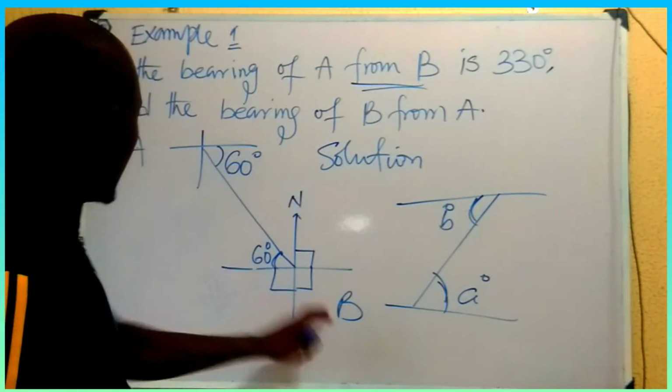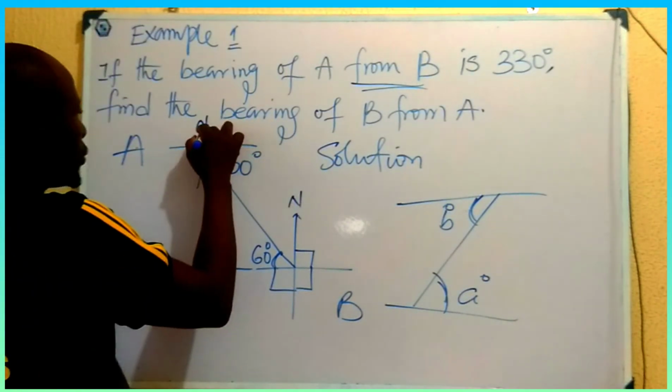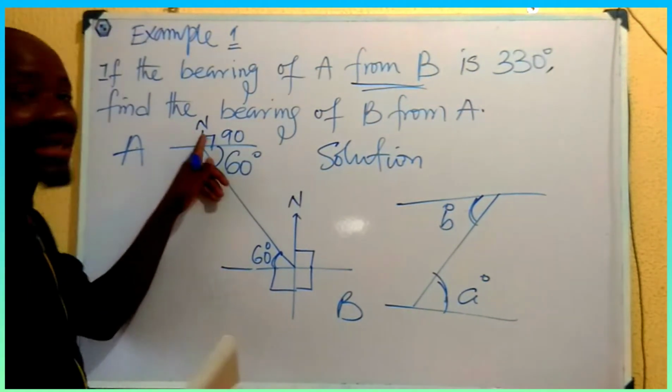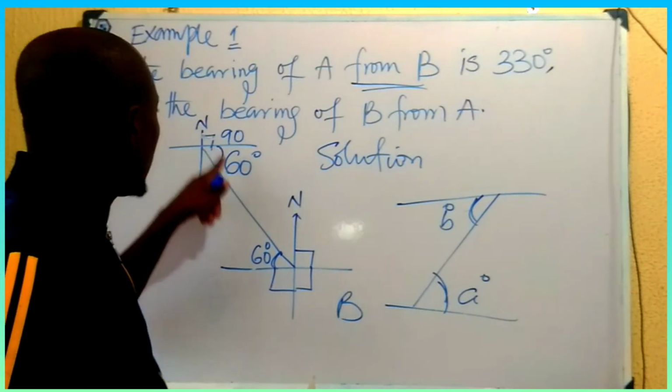So now the bearing of B from A. The bearing of B from A is, you start from the north. You calculate everything that you have here, starting from the north. Always start calculating your angles from the north. So you have 90 plus 60.